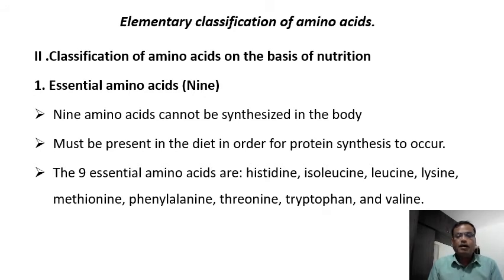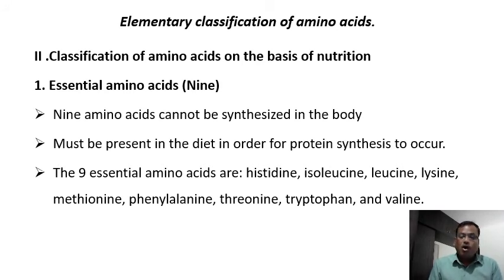Here 9 amino acids cannot be synthesized in the body, and therefore they must be present in the diet. Okay, and the 9 essential amino acids are histidine, isoleucine, leucine, lysine, methionine, phenylalanine, threonine, tryptophan and valine. So these 9 amino acids must be part of our diet.